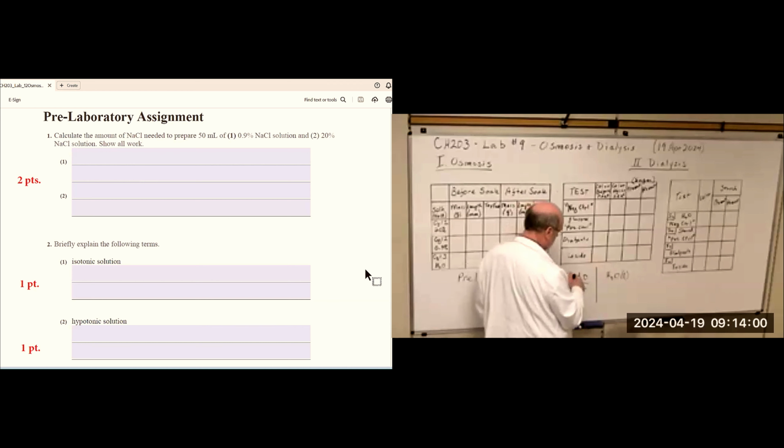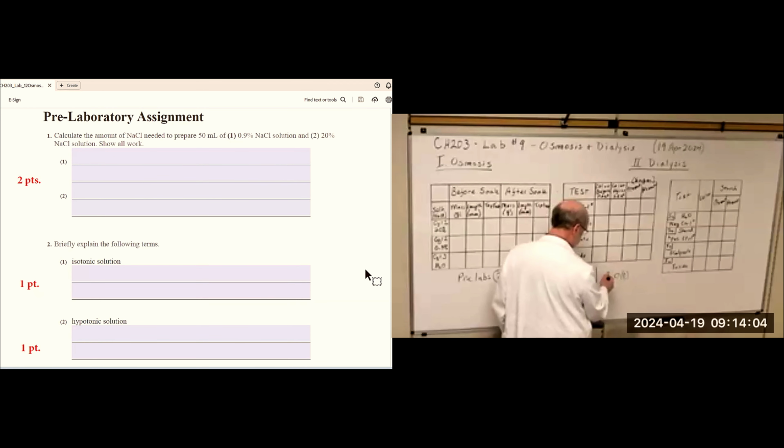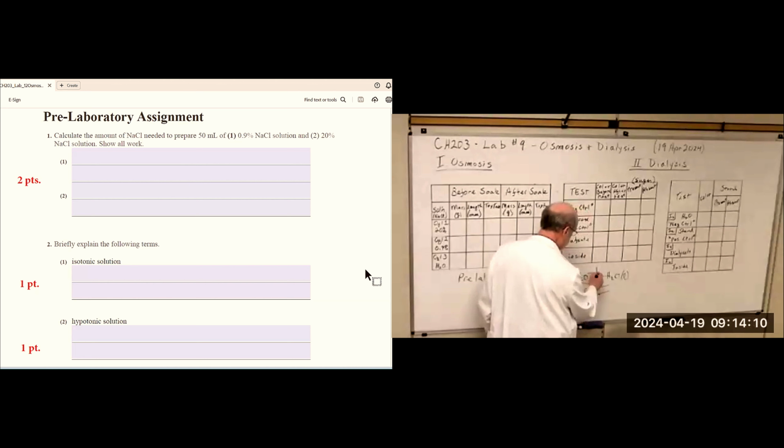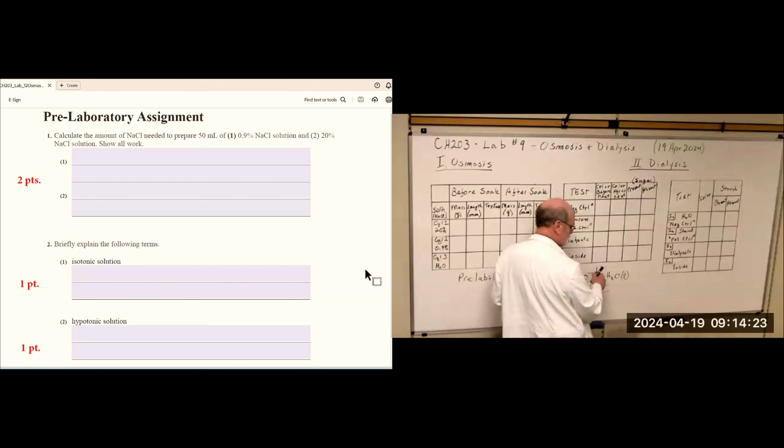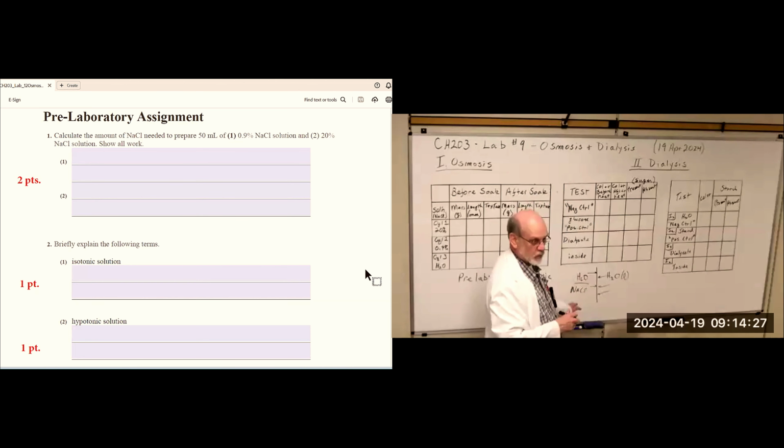So what happens is the water molecules are trying to pass that membrane from both sides. But since sodium chloride is on this side and it has an attraction for water, it holds it back. So it's not as active in that direction. So the net movement of water is this way toward the more concentrated solution.